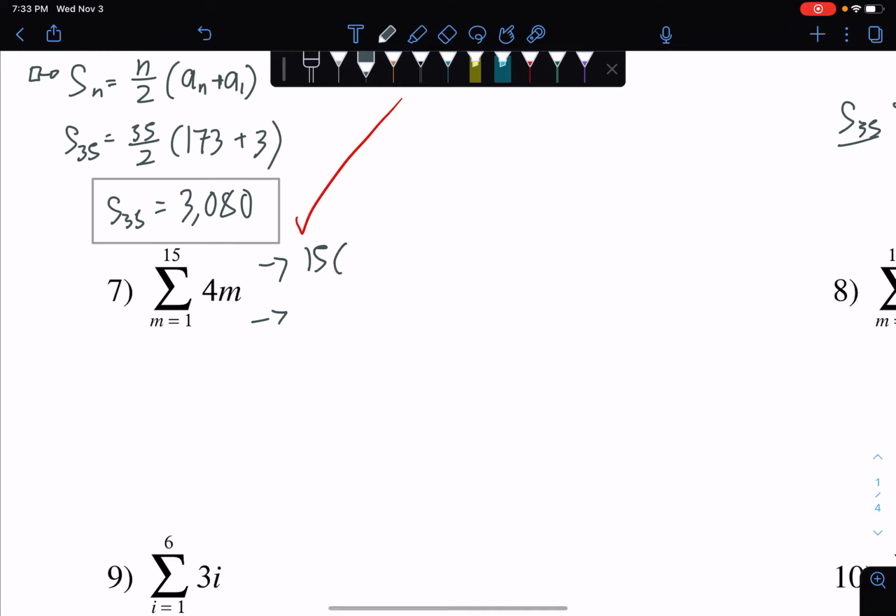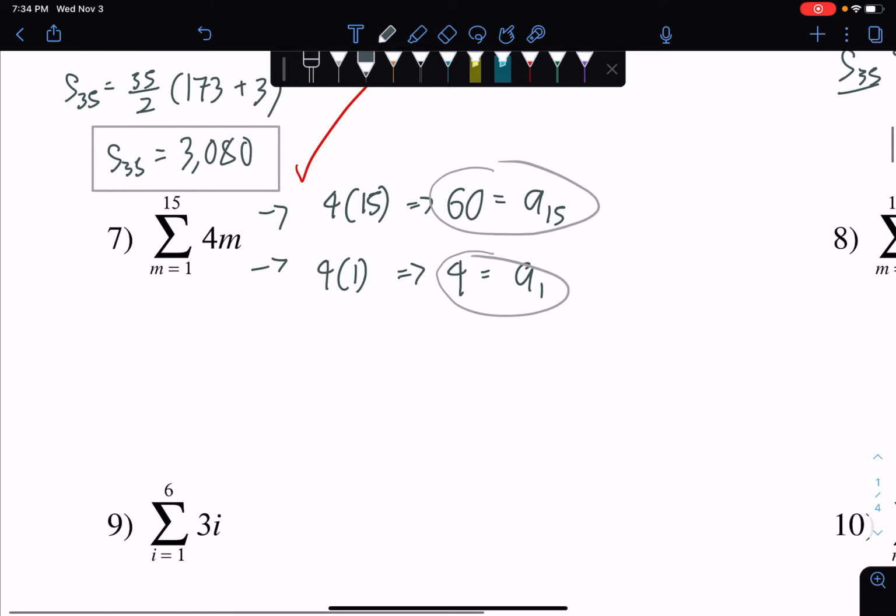4 times n, which is 15, and 4 times 1. So 15 times 4, 15, 30, 45, 60 is equal to a sub n, or a sub 15, while 4 is equal to a sub 1.